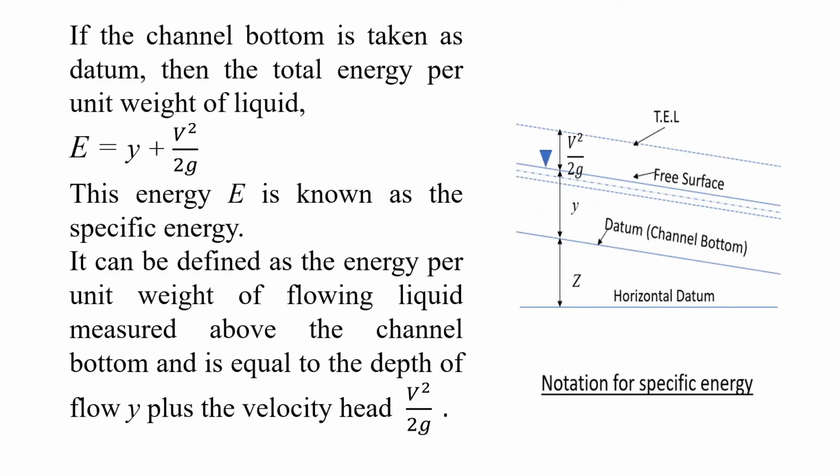So if the channel bottom is taken as datum, then the total energy per unit weight of liquid E will be equal to Y + V²/2g. This energy E is known as the specific energy, which can be defined as the energy per unit weight of flowing liquid measured above the channel bottom and is equal to the depth of flow Y plus the velocity head.